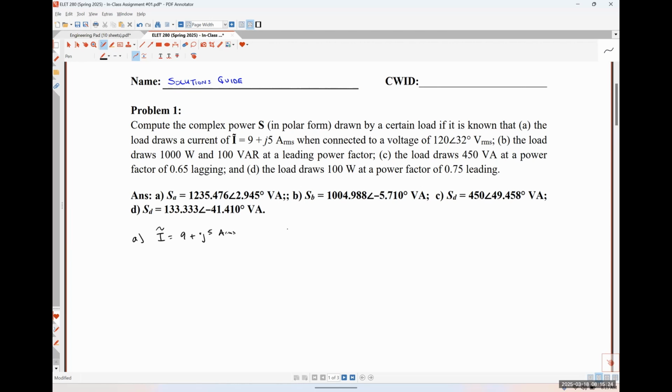And we are also told that our voltage as an RMS phasor is 120 angle 32 degrees volts RMS. So my first question to you all is, how can we use these two pieces of information to determine the complex power for the load that has this current flowing through it and this voltage across it?